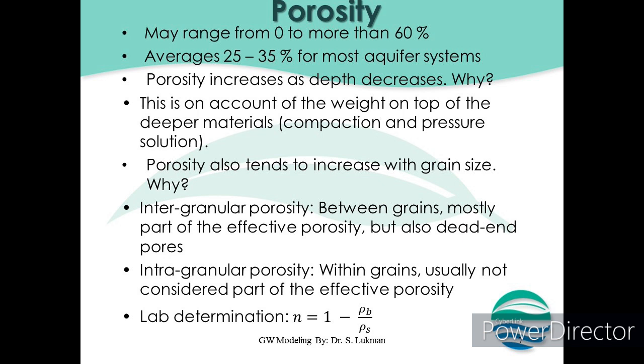If you can have your soil matrix in a container, measure its volume, and then put a measurable amount of water until it is fully saturated, then if you know the amount of water which you poured, it must have occupied all the void spaces. Then you can take the ratio, the volume of water over the total volume before pouring the water. Do you understand? So this is an approximate way of determining the porosity under lab condition. In addition to this one, of course, you have other methods.